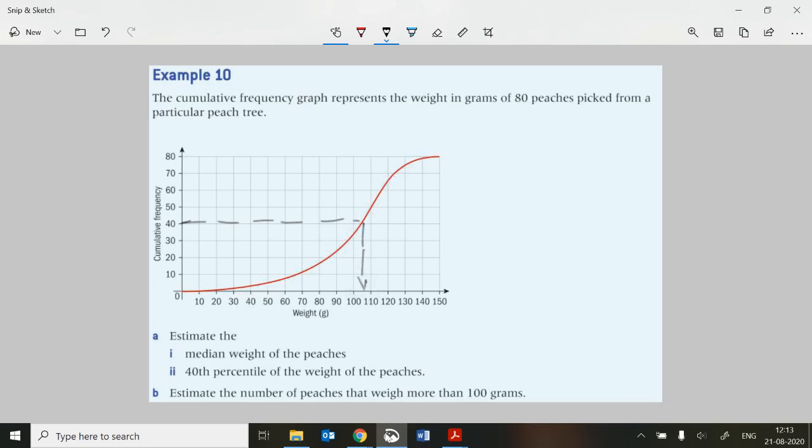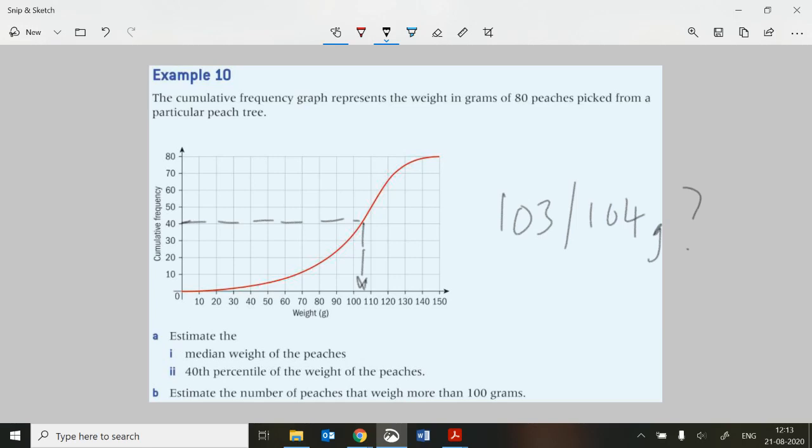Obviously you're going to do that with a ruler, and it's coming out at something like 103, 104 grams. So the median is there because we know we have 40 which are up to that point, and 40 which are at that point and beyond.